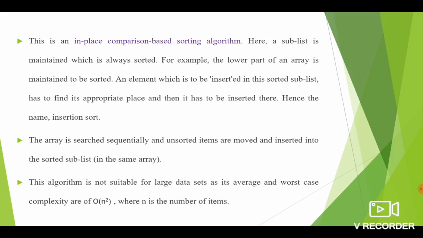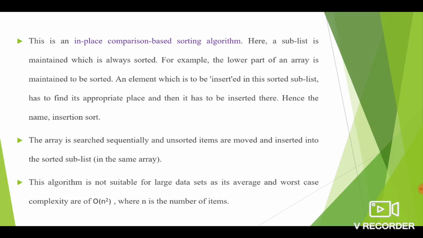I told you we are maintaining one sublist which is always sorted. For our example, we have considered that the lower part of the array is maintained as the sorted list, and you take one new element. That new element is to be inserted in its correct position in the sorted sublist.